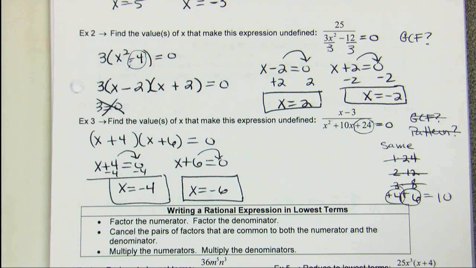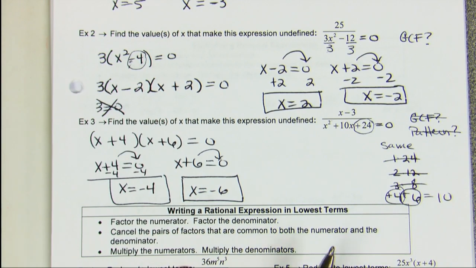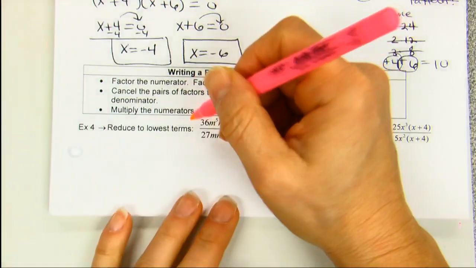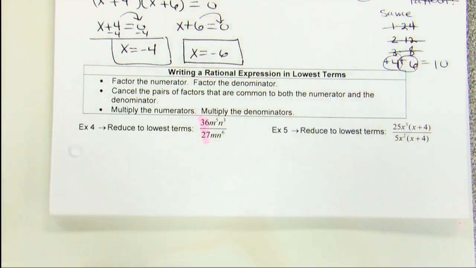So now we're going to move on to writing a rational expression in lowest terms. So what you see here is similar to what we learned in Unit 3. You would just look at that and remember your exponent rules that we learned. We do need to first reduce the coefficient part.